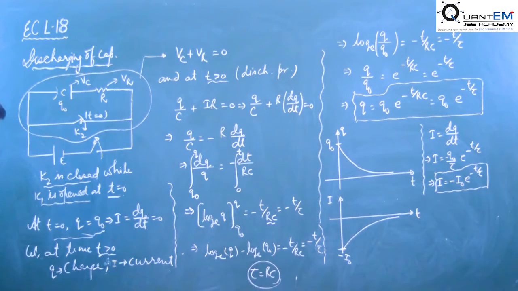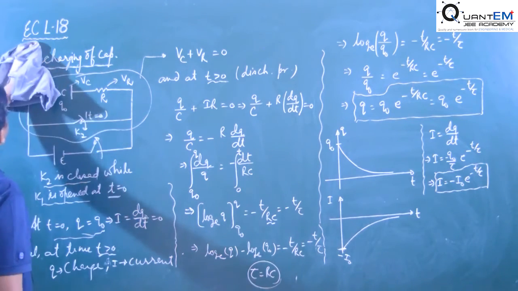Now during the discharging process we have to find the value of what? The potential drop across the capacitor and resistor, and the energy stored across the capacitor and resistor. Okay.